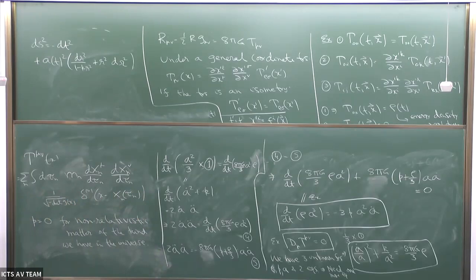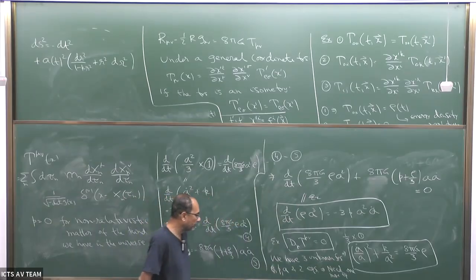Is this clear? So if the universe was only filled with non-relativistic matter, then you are done, because we just set p equal to 0, and now you have two equations and two unknowns. Once you give some initial condition, you can solve it. Is this clear?